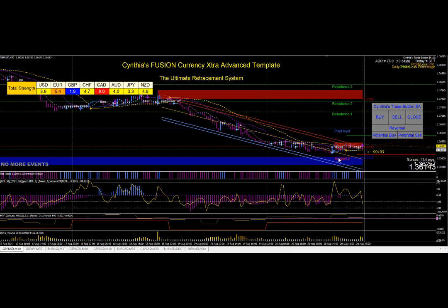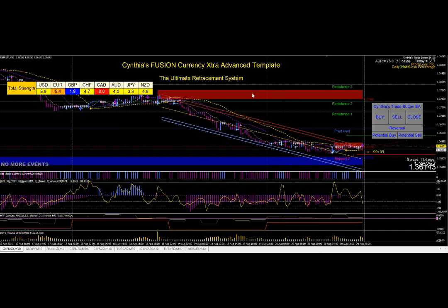This template also comes with a double line trend channel, so the support lines are double blue and the resistance lines are double red, and they coincide very nicely with the supply and demand zones, which are resistance and support.